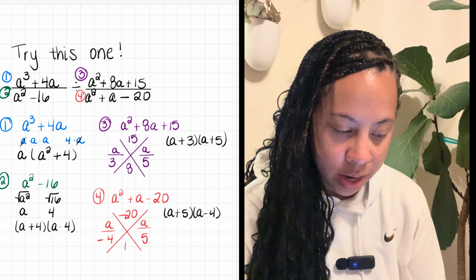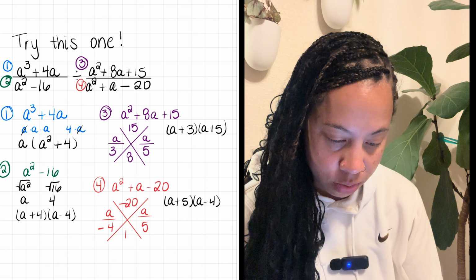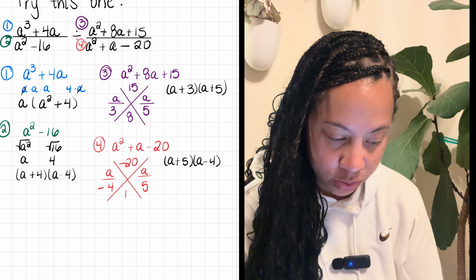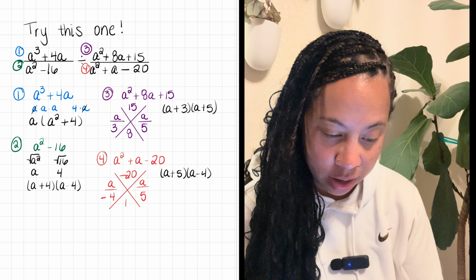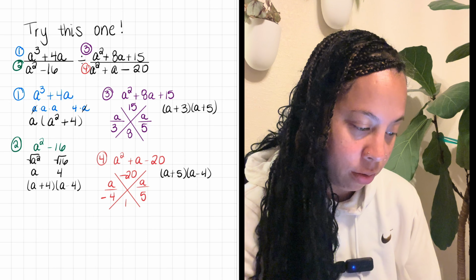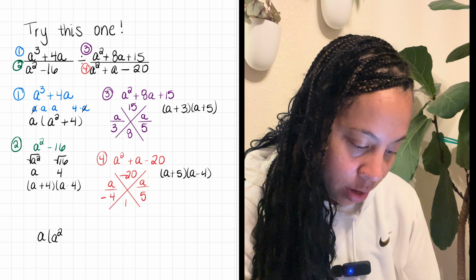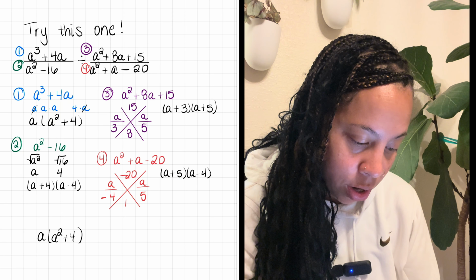Okay, and here is what I got when I factored everything out. Now let's just see what cancels here. So I have a squared plus 4 on top.